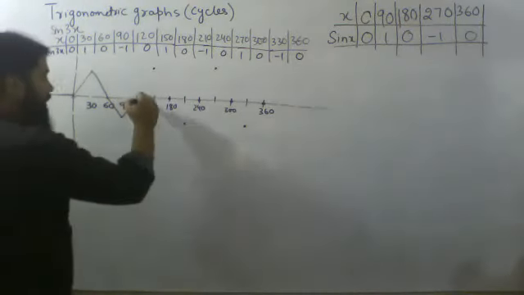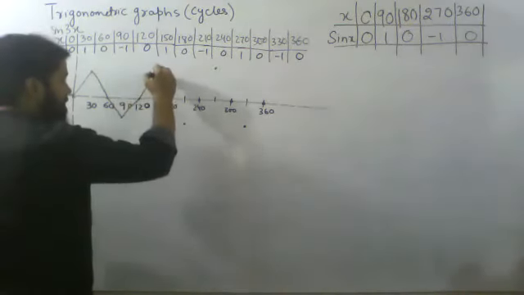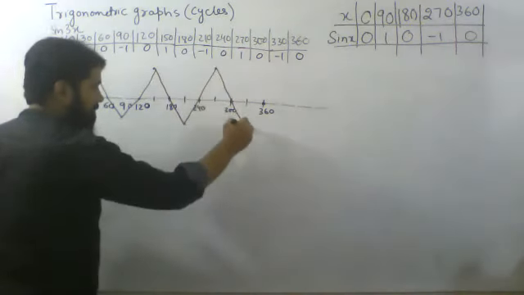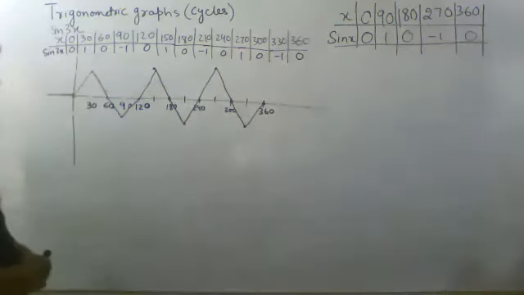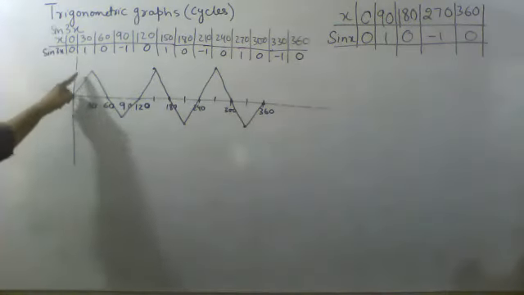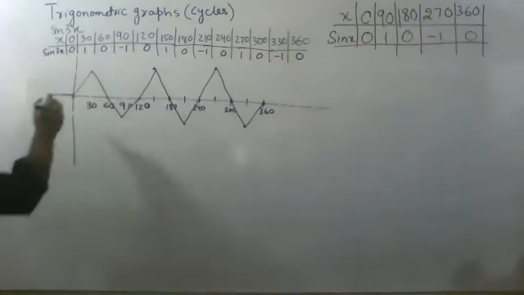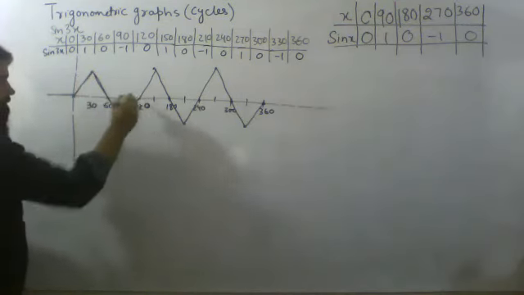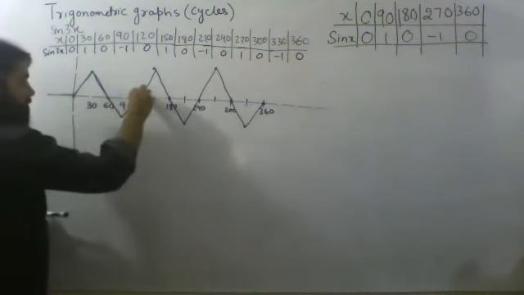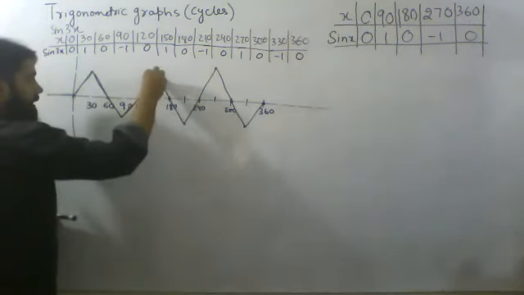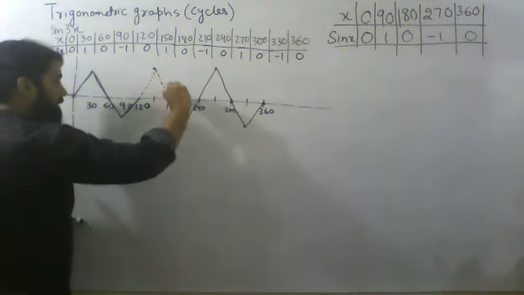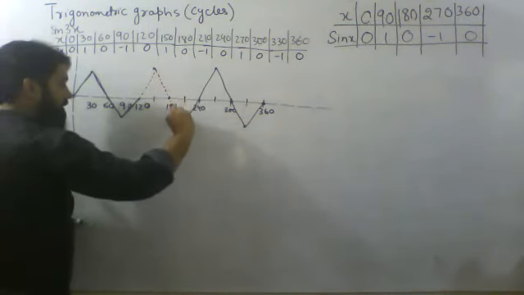So when I'm going to do the connection, see guys, this is the first cycle over here. Just to make a difference, I'm making this one the dotted one, so you guys can see where the difference is going on.